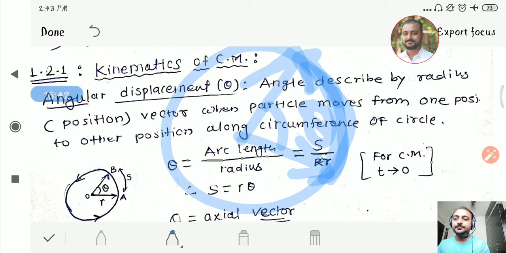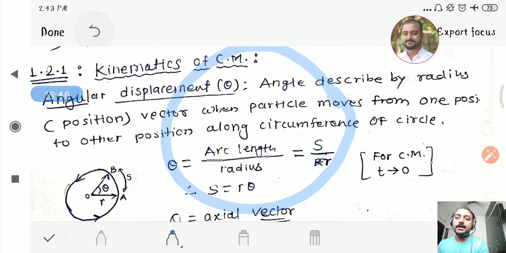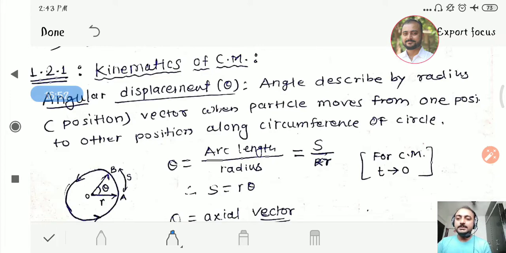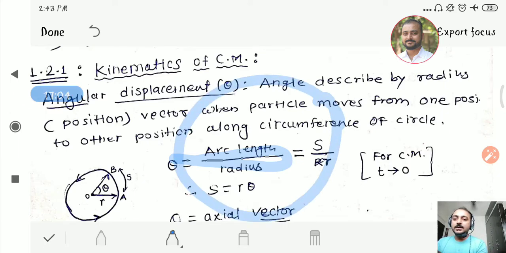Okay, in case of angular displacement, we have to go through its magnitude. So what about the magnitude of angular displacement? Everyone knows the arc of the circle. The arc of the circle is simply the part along the circumference.